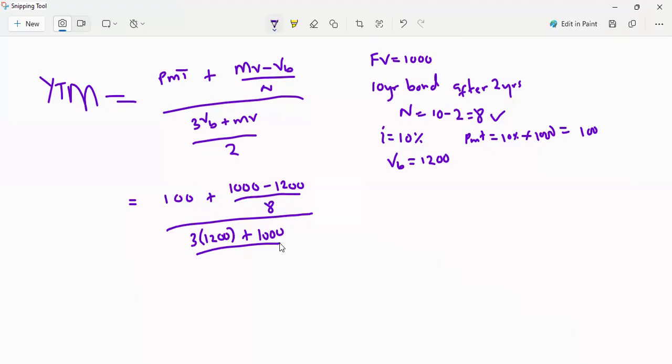So this will give us a yield to maturity, which is 6.6%.